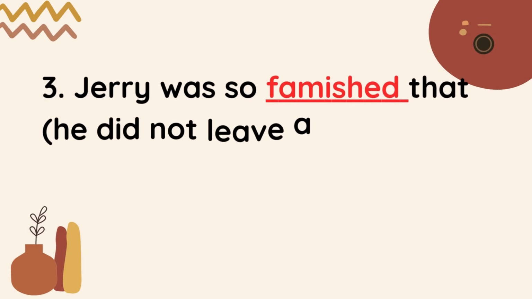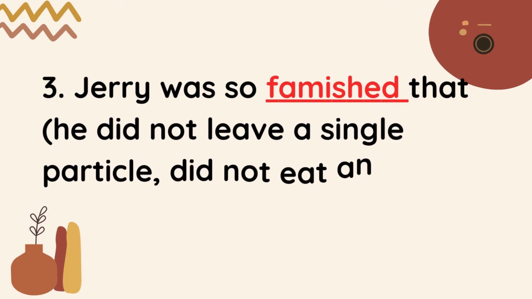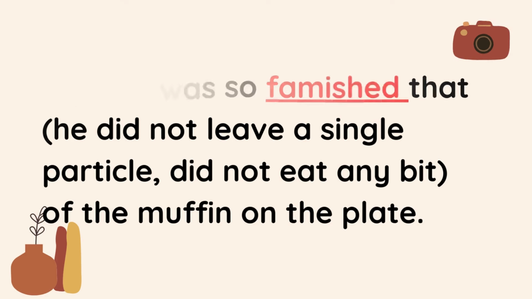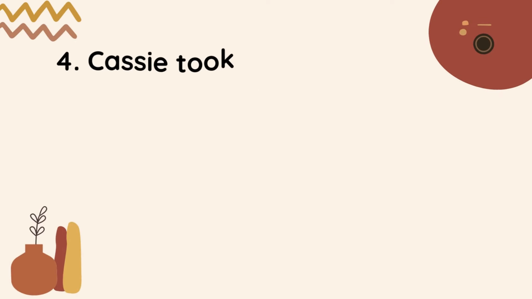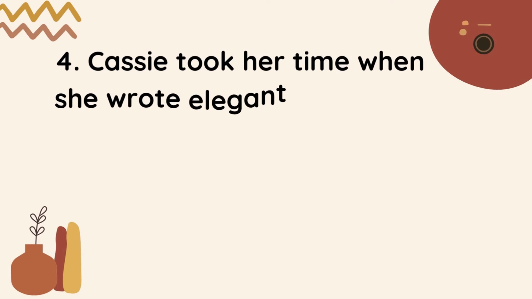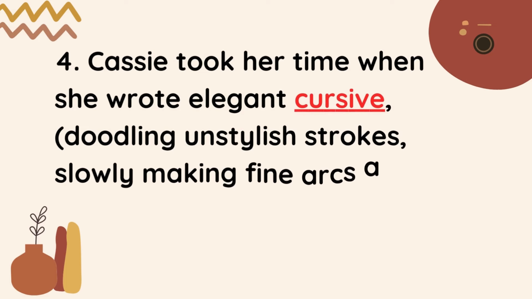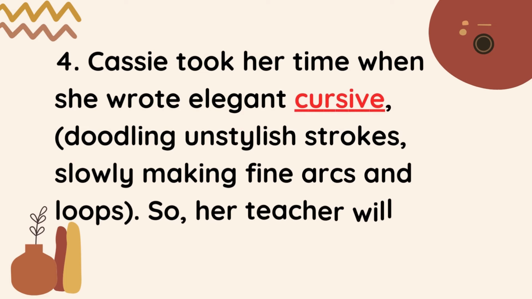Number 3, Jerry was so famished that blank of the muffin on the plate. The choices are: he did not leave a single particle, or he did not eat any bit. Number 4, Cassie took her time when she wrote elegant cursive blank, so her teacher will like it.